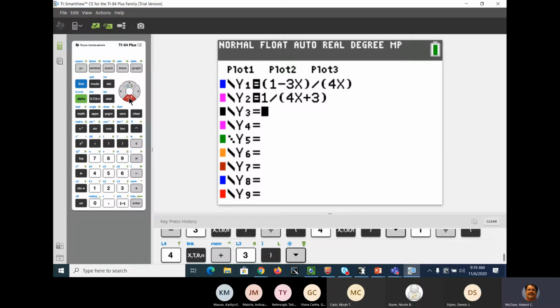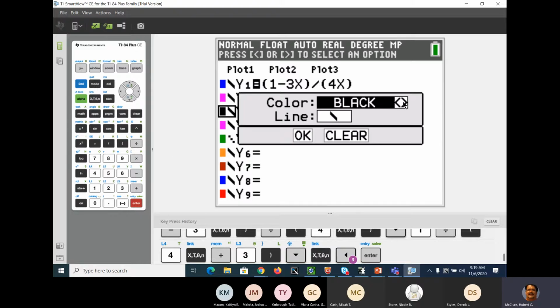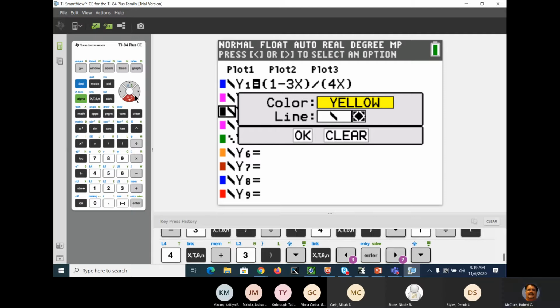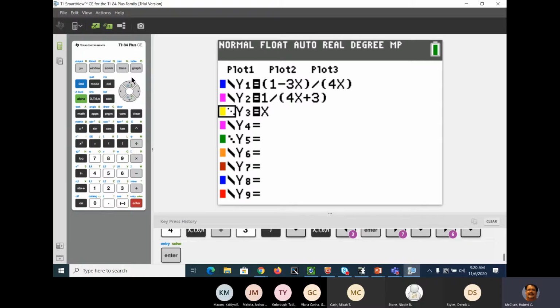And I'm going to do y is equal to x, that's the oblique asymptote, in dashed yellow, if I've got yellow on here. I'm going to change this to a dash. There we go. And graph.